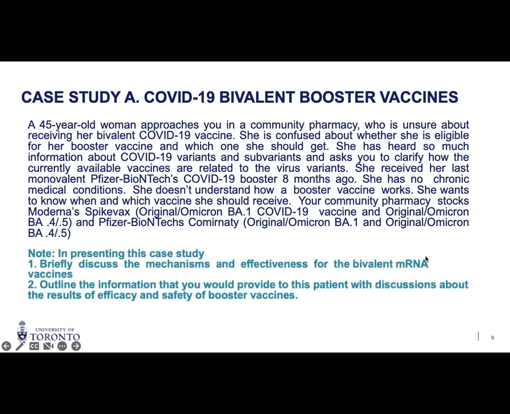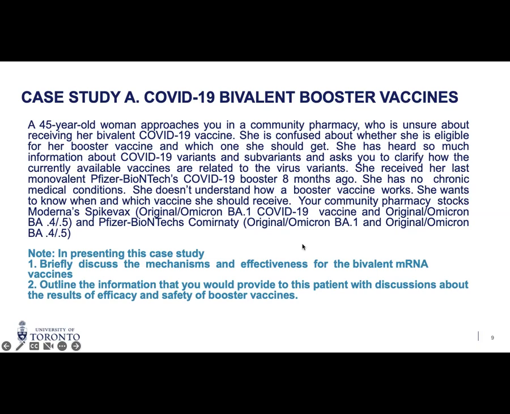So in presenting this case study, briefly discuss mechanisms and effectiveness for bivalent mRNA vaccines, and then outline information that you would provide to this patient with discussions about the results of efficacy and safety of booster vaccines. So in summary, it seems that the patient here is experiencing some confusion regarding COVID-19 variants and subvariants and how currently available vaccines relate to the virus variants.